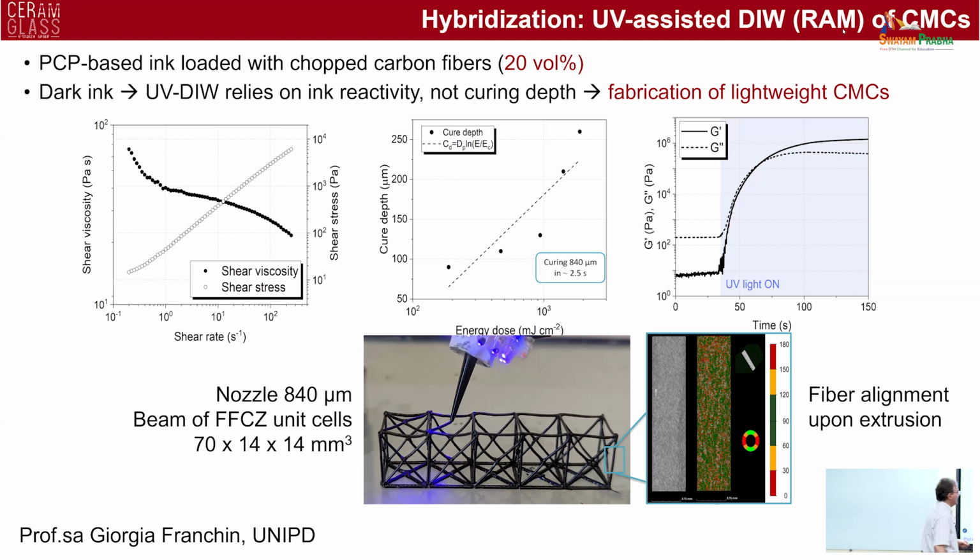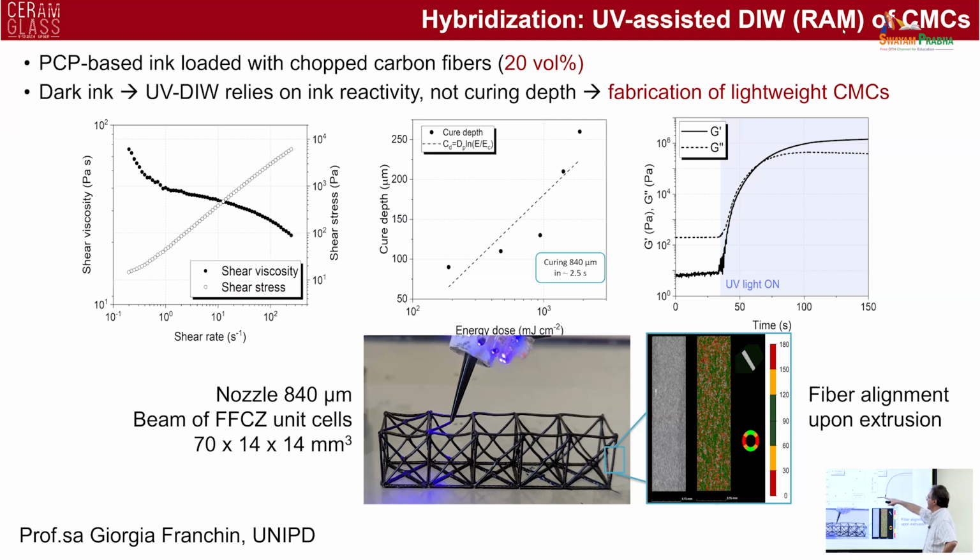You can see that the cross-linking is quite effective. This is the photorheology of the system. We also measured the curing depth, and you can see that we can cure effectively up to 400 and 450 diameter filaments.